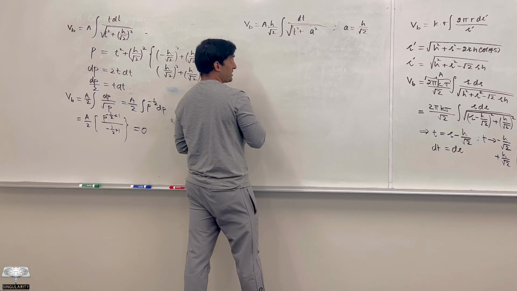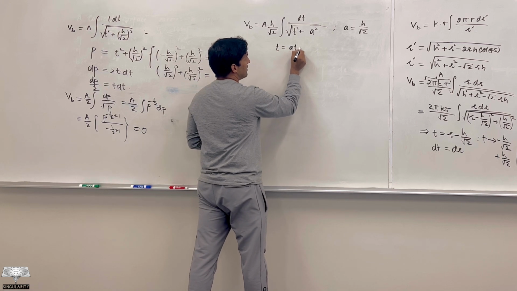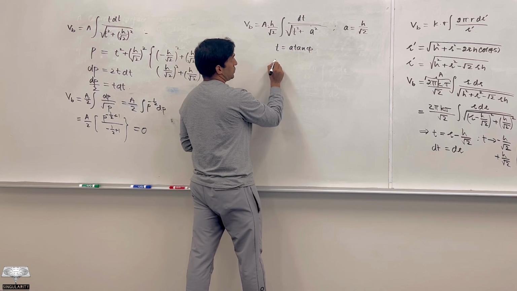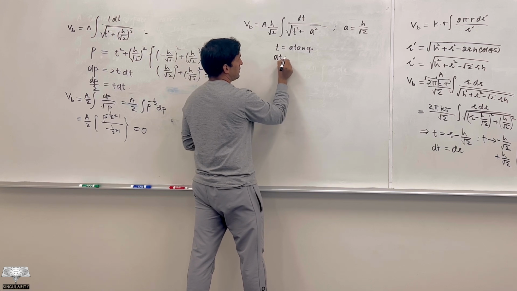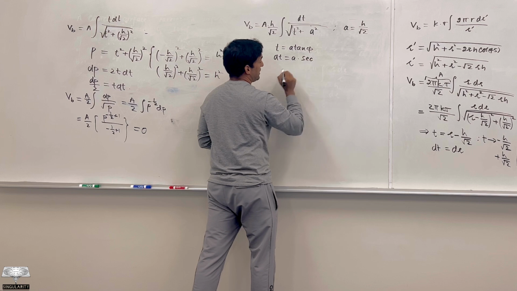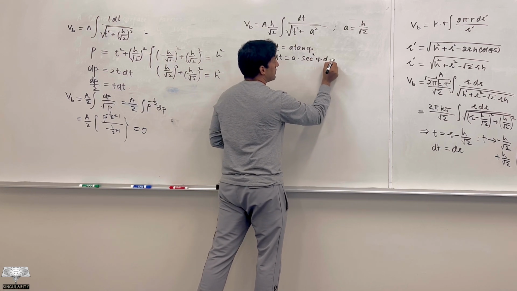In order to solve this integral, you can substitute t equals a tan phi, and so dt will be a, it's constant, and derivative of tan is secant square phi d phi.